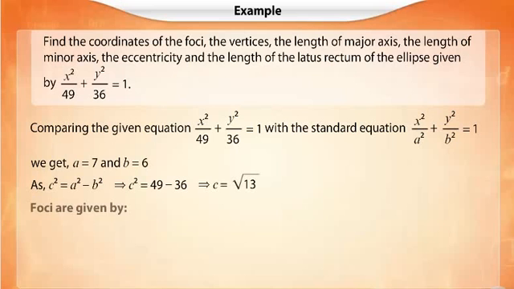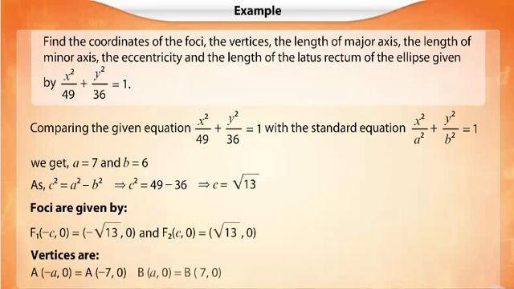Therefore, the foci of the ellipse are given by (minus c, 0) and (c, 0), which in this case is (minus square root of 13, 0) and (square root of 13, 0). The vertices A and B of the ellipse are given by (minus a, 0) and (a, 0), respectively.